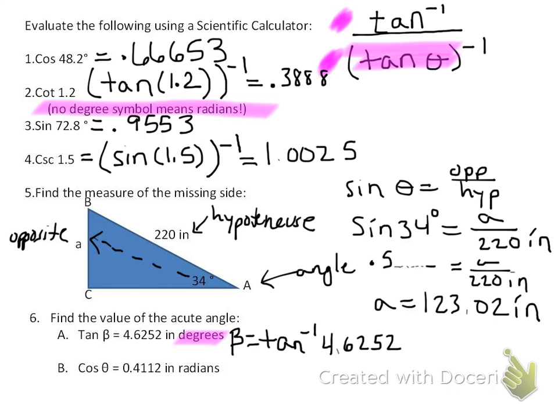And tell me, how many degrees does beta measure? 77.8. Good. The tan to the -1. 77.8. Don't forget your degree measurement. Good? Questions?